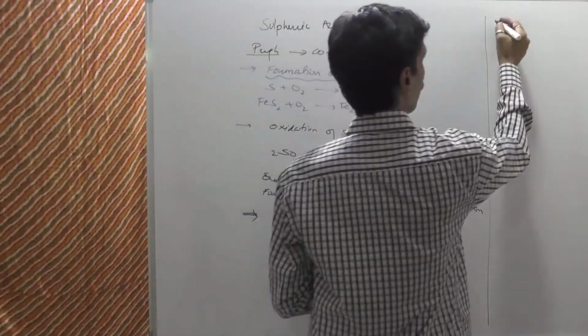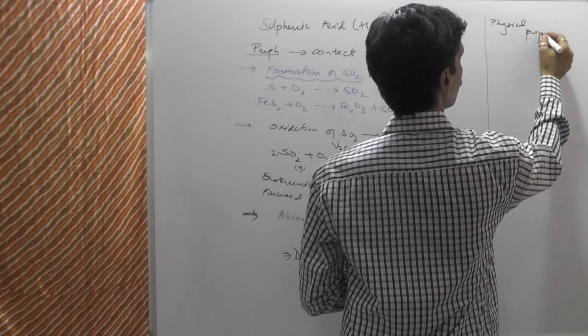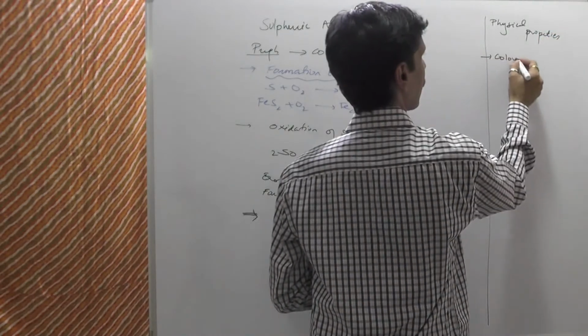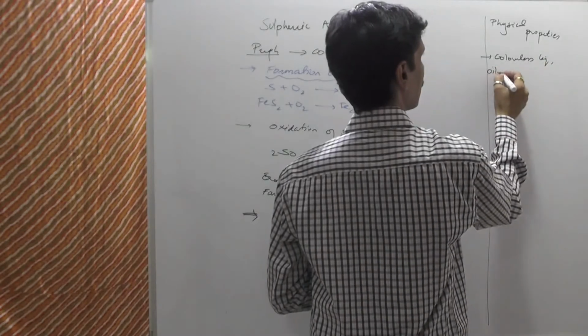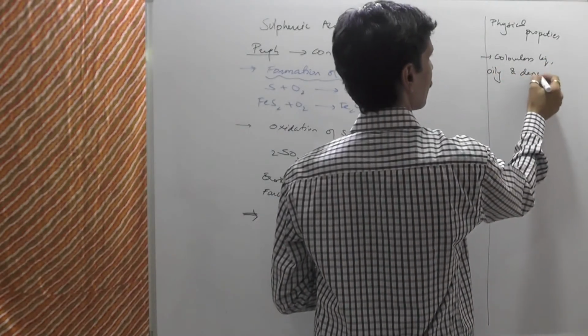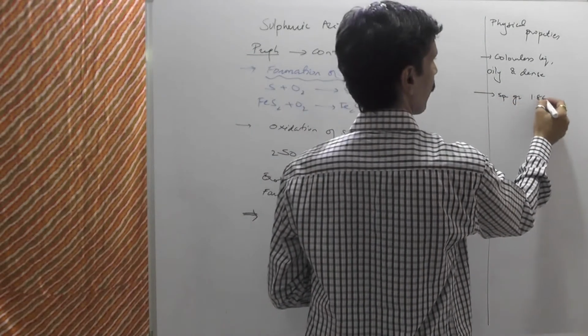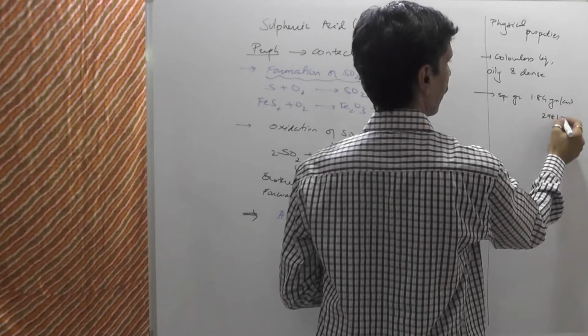Now the next thing is we talk about the physical properties. The first is, it is a colorless liquid, it is oily and it is dense. Its specific gravity is 1.84 grams per cm cube at 298 Kelvin.